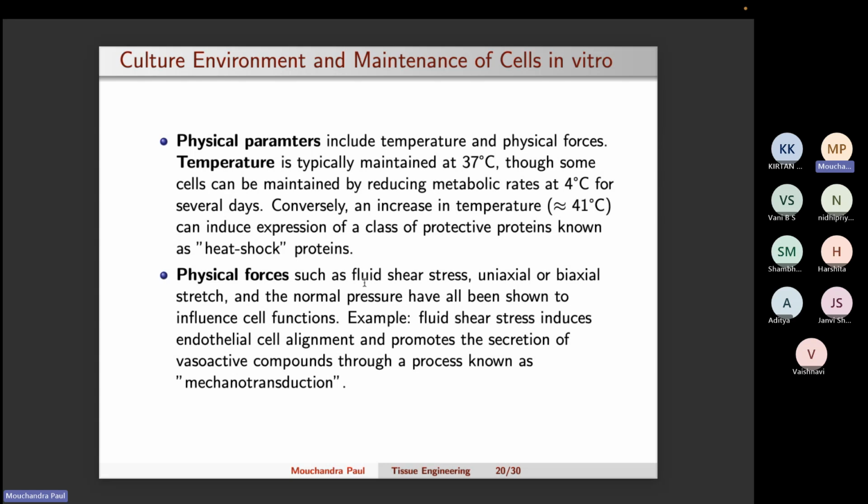The physical forces like the fluid shear stresses, okay, then uniaxial or biaxial stretch. So if the substrate is getting stretched in uniaxial or biaxial directions, the normal pressures, all these kinds of forces also affect the cell functions. Like people have seen the flow in the direction, so when you are working with endothelial cells, people have seen that the endothelial cells start growing or elongating in the direction in which they feel the fluid stress.